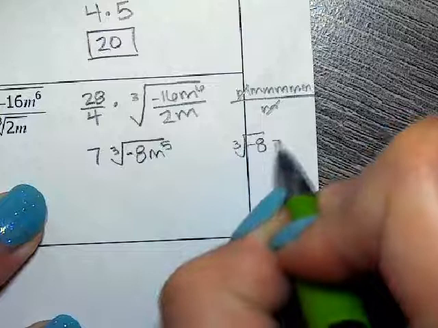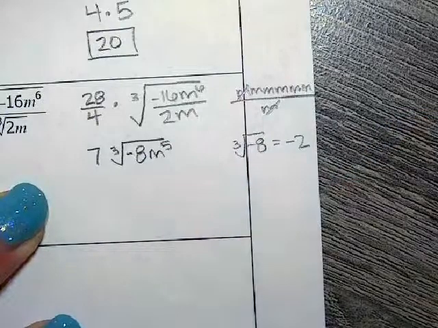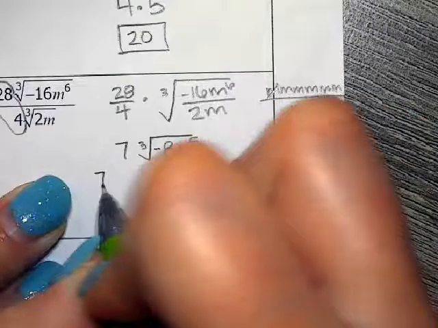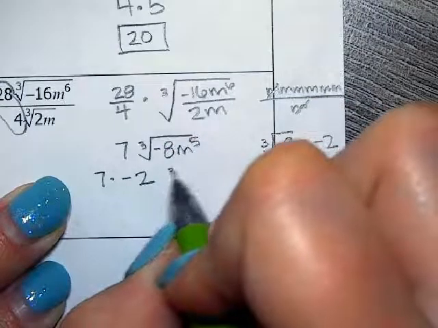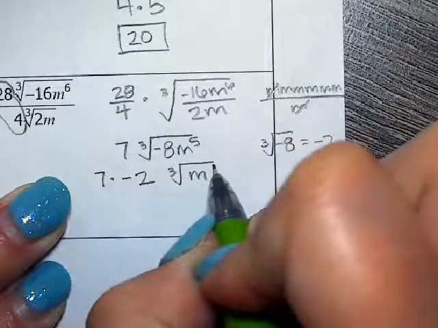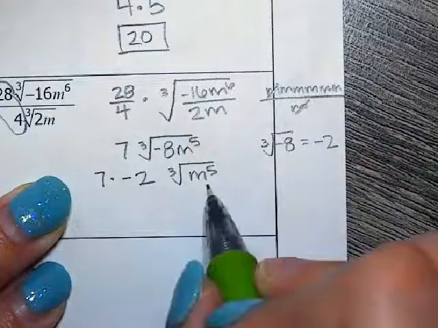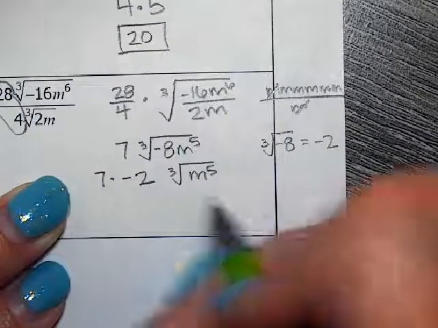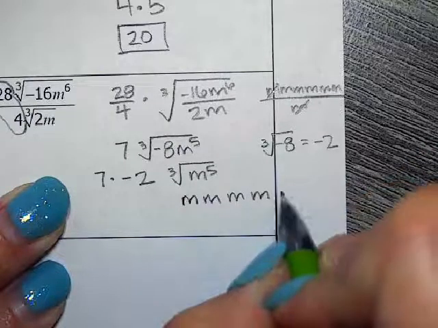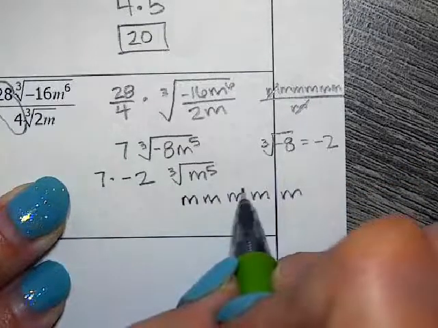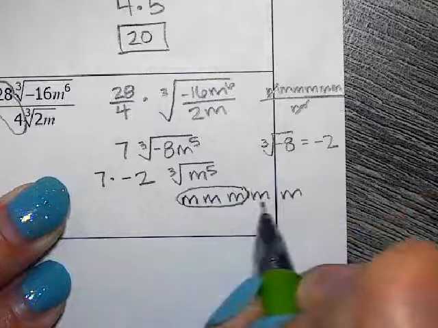That's a perfect cube. I'm going to say this is 7 times negative 2 times the cube root of m to the 5th. And so this part we do have to simplify. So we've got 1, 2, 3, 4, 5. There's a triple right there, and we have 2 leftovers.